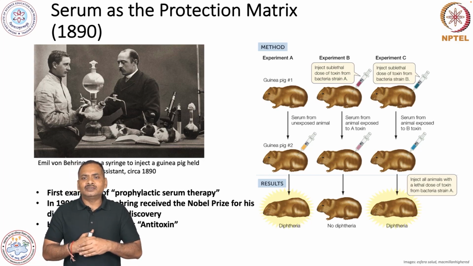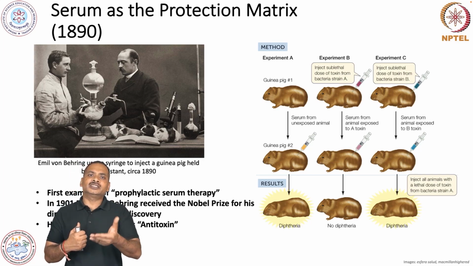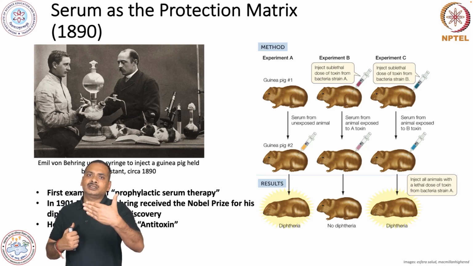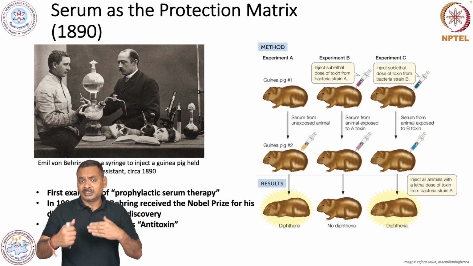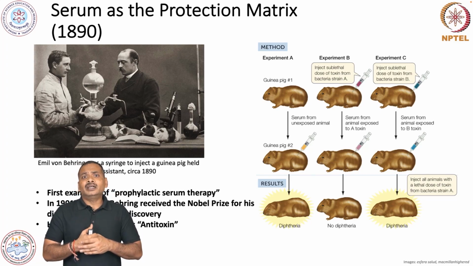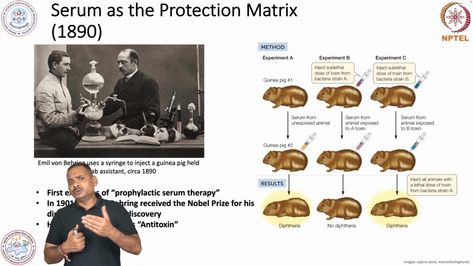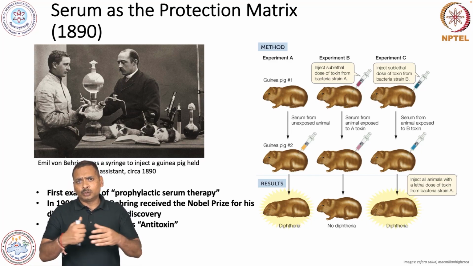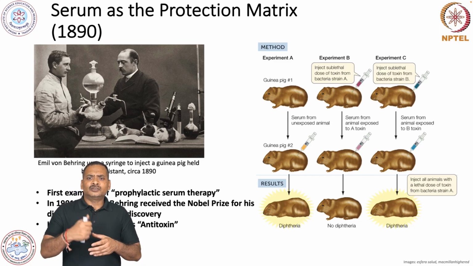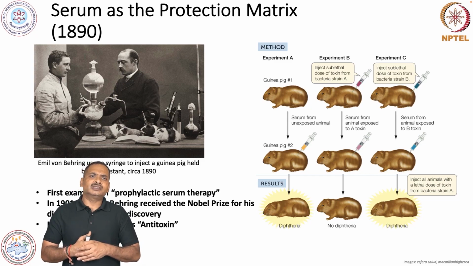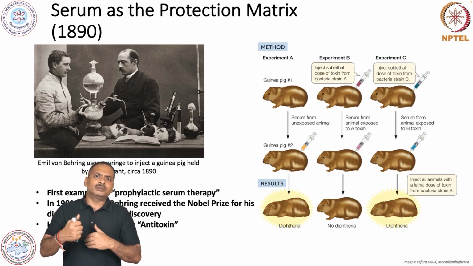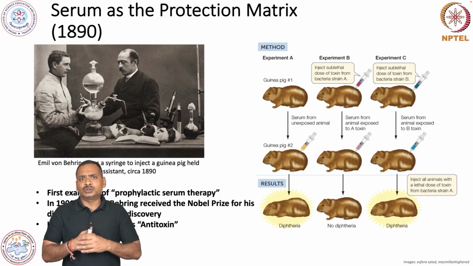After that, they isolated the serum from these challenged guinea pigs and then introduced the serum into another group of guinea pigs. In the first group, the serum is from an uninfected or unexposed animal.